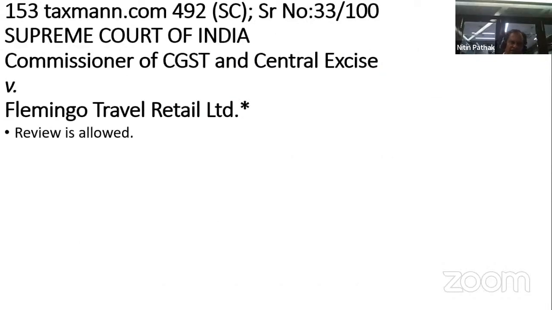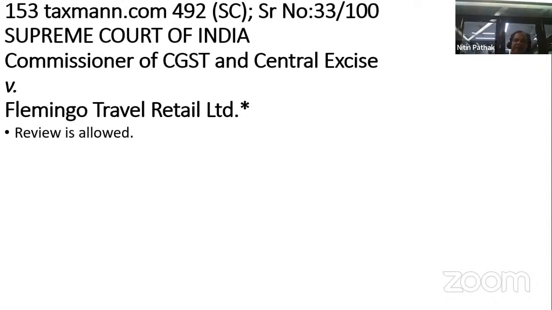Flamingo is a Supreme Court judgment. In that case, there was an issue regarding an airport, where there is a zone in which tax-free goods are sold. When it is available, the airport authority has to make a payment of GST.